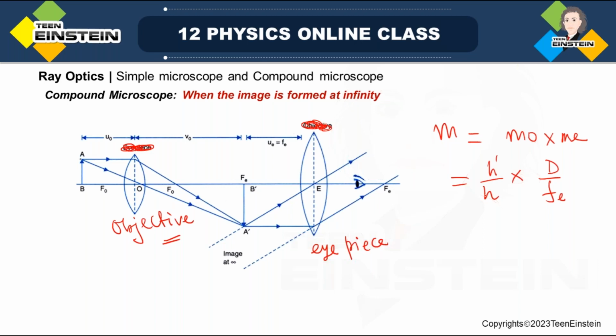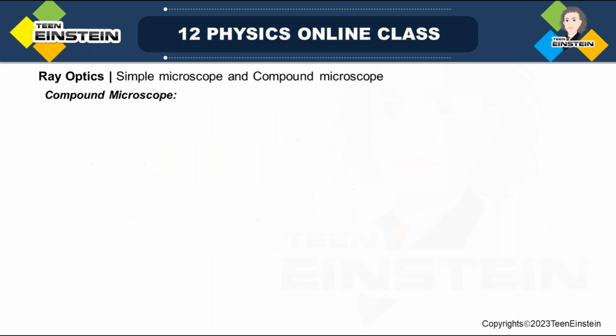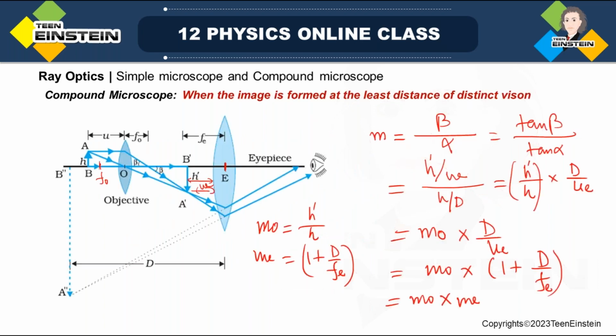And see, the magnification due to the objective, H prime and H, right? When the object AB is placed very close to the focal length of the objective lens, then I can write Uo as minus Fo, and similarly the image will be formed by the objective very close to the eyepiece.